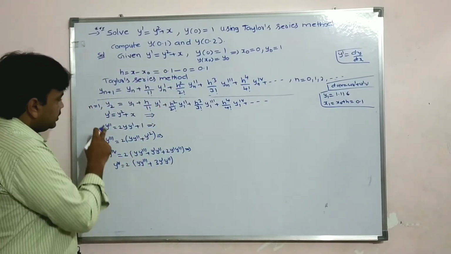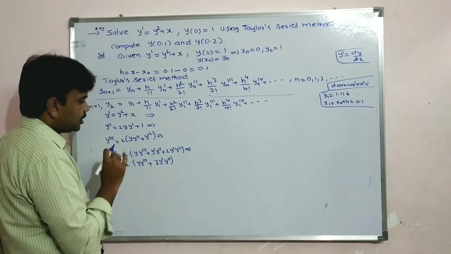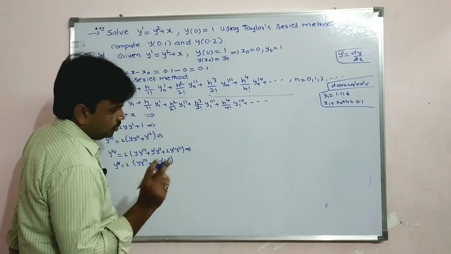Previously we find y dash, y double dash, y triple dash, y power 4 dash students. Okay, you write down students.